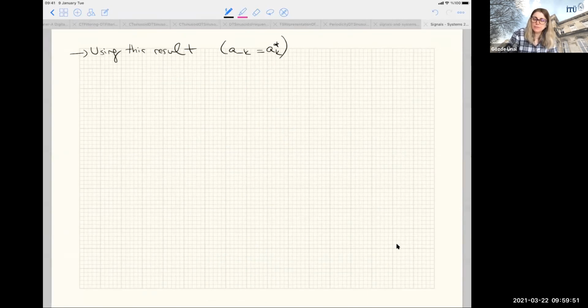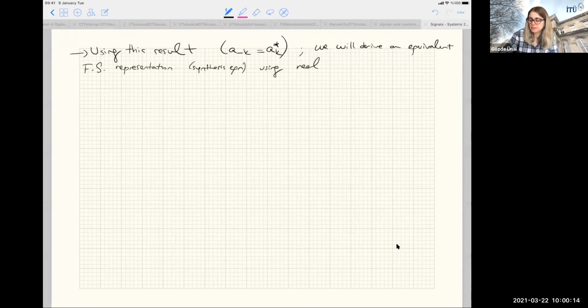Guys, we will derive an equivalent Fourier series representation, or synthesis equation, in a way using a real sinusoid basis, not the complex sinusoid basis, okay?